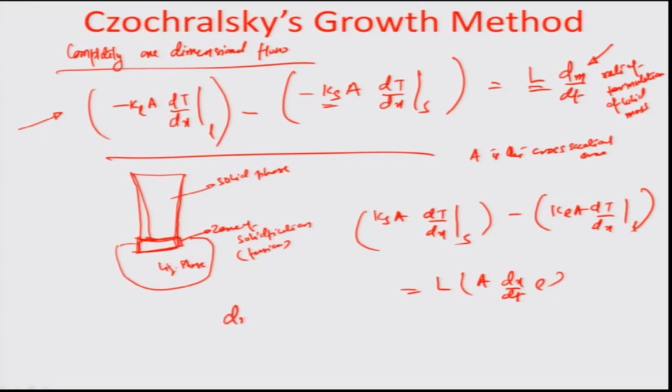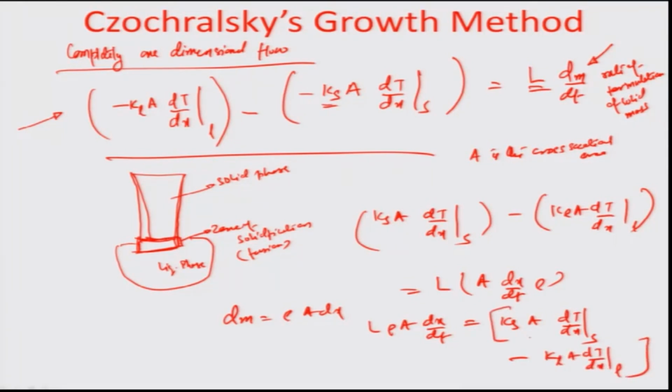So you are basically representing the dm with rho A dx, and that brings you to a point where L rho A dx by dt is equal to Ks A dT by dx solid minus Kl A dT by dx liquid, and further the A can be taken off.